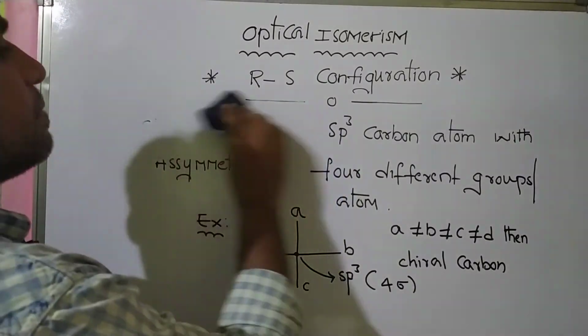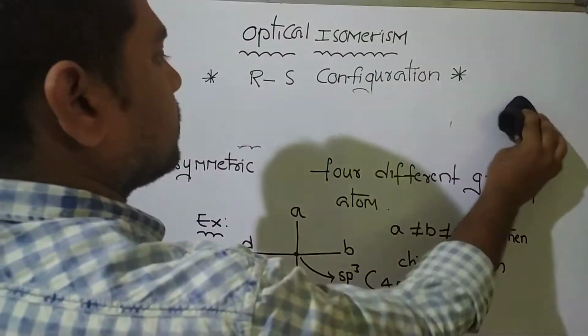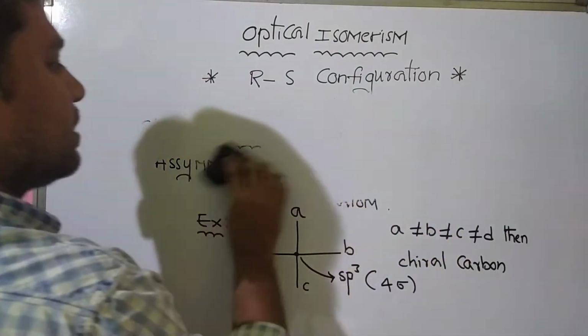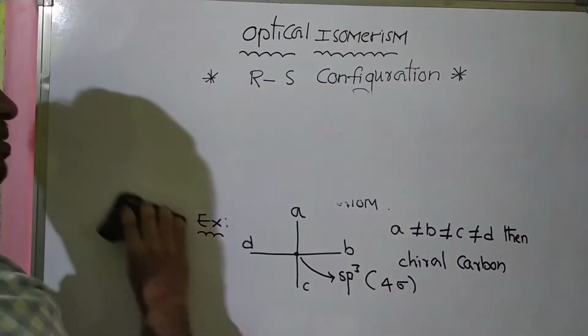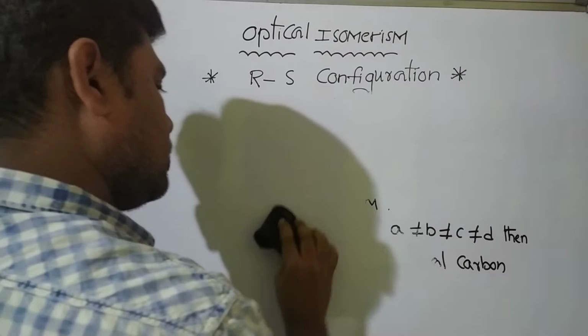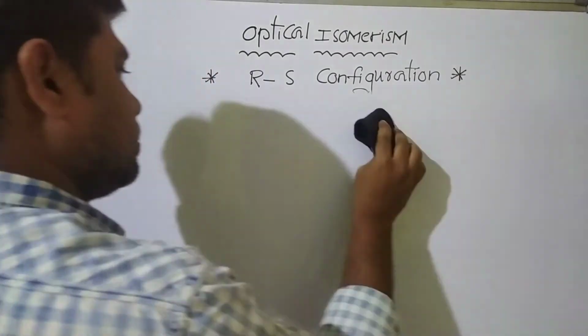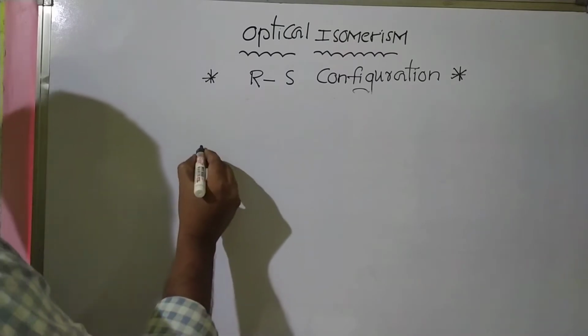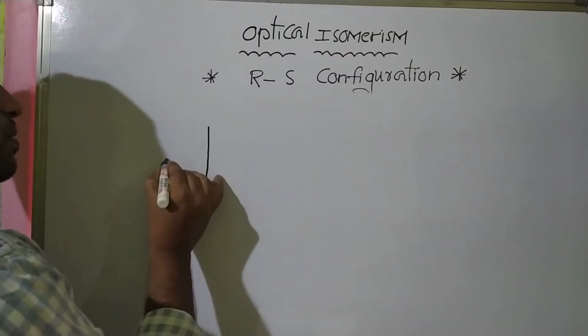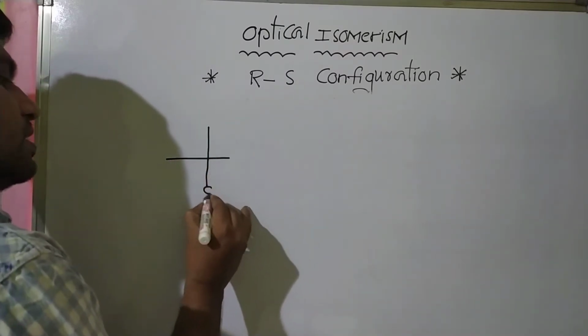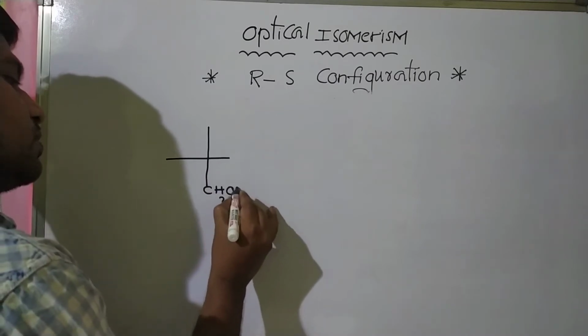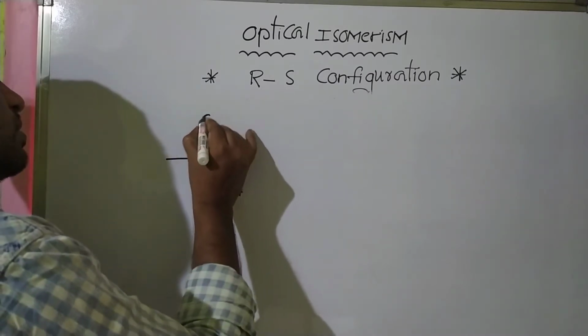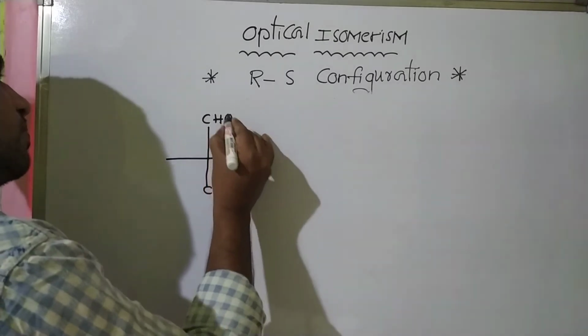Now I will give some examples of different chiral carbons. Okay, please note some general examples. This is CH2OH. This is CHO.